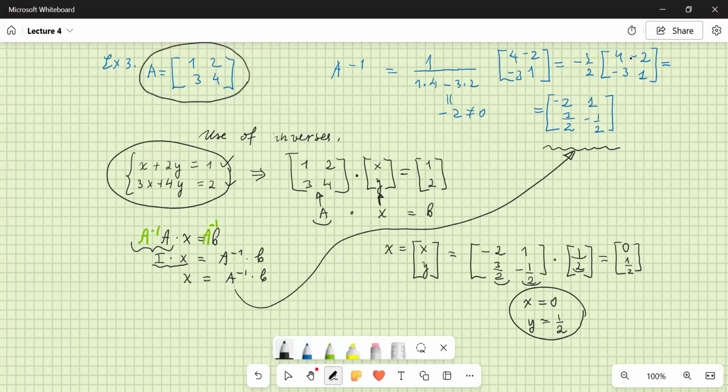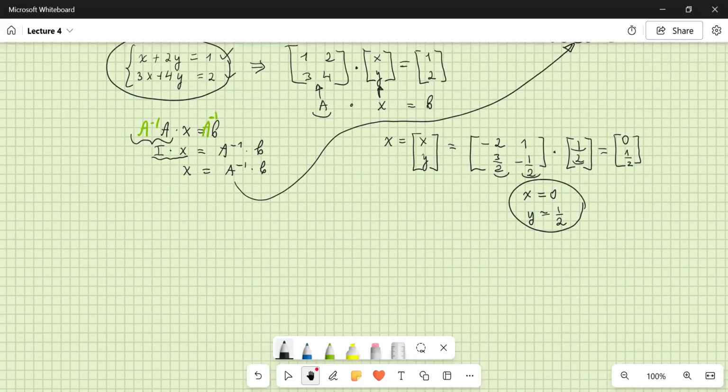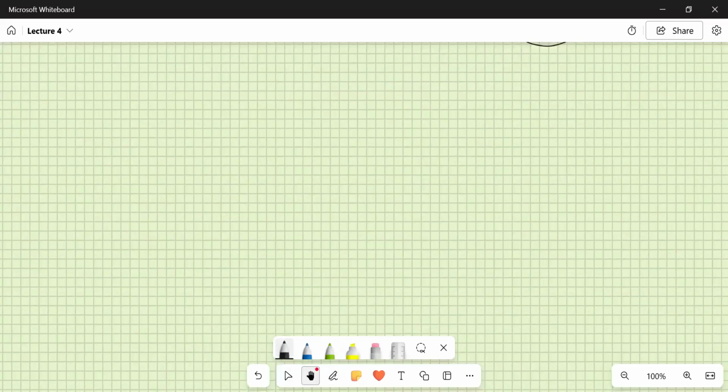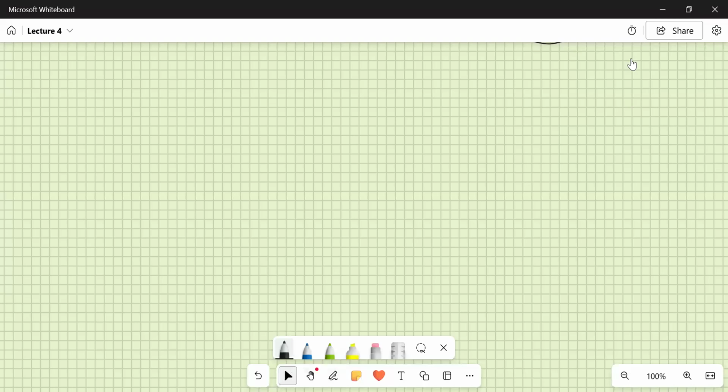It's very good. Now, what else do we need to know about inverses? There are some rules of inverses for products of matrices with inverses, which we are going to discuss now. Let me move this out. So we're going to do the theorem. And the theorem is going to tell us, if we do have two invertible matrices of the same size.